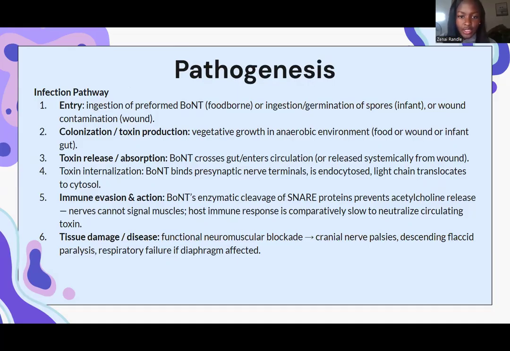Immune evasion in action: its enzymatic cleavage of SNARE proteins prevents acetylcholine release, and nerves cannot signal muscles, causing the immune response to be comparatively low. And then the disease and tissue damage: functional neuromuscular blockade, cranial nerve palsies, flaccid paralysis, respiratory failure if the diaphragm is affected.